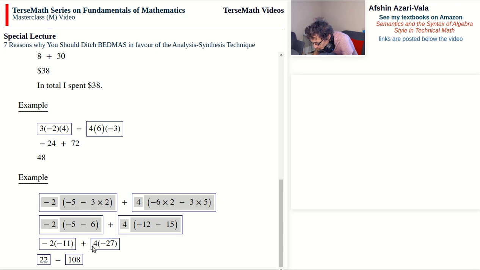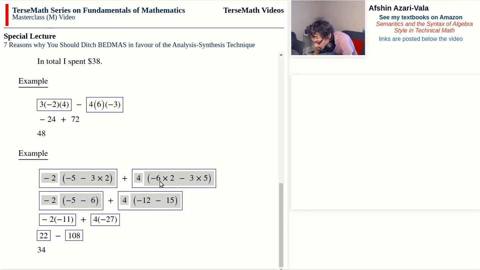Let me double check. 4 7s 28, and then 8 and 2 is 10. And so we have 22 minus 108. Okay, for 22 minus 108, we're going to work it out, and again, I guess we have to make another correction now. Now 108, we can make it 100, and 22, if you take away 8, you get 14.